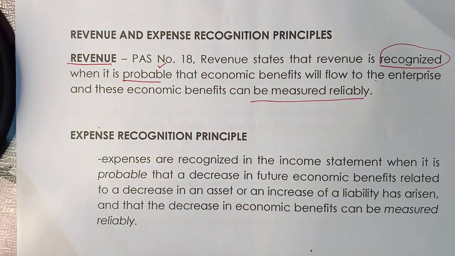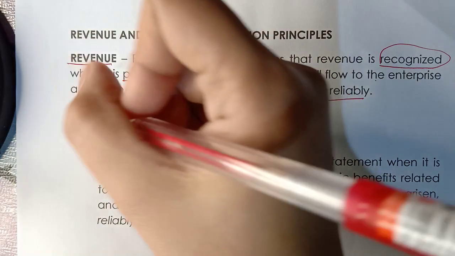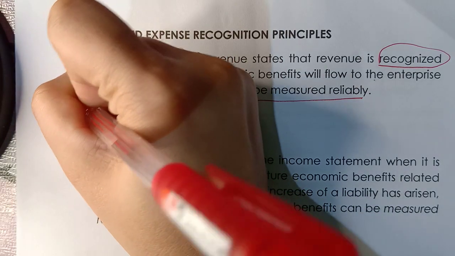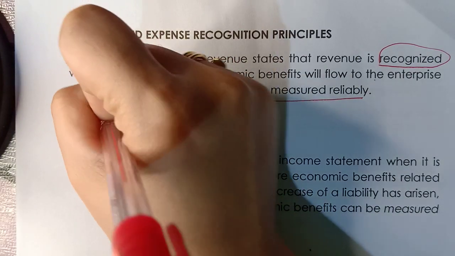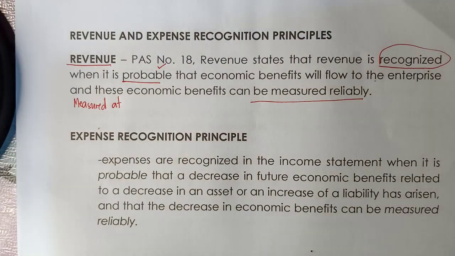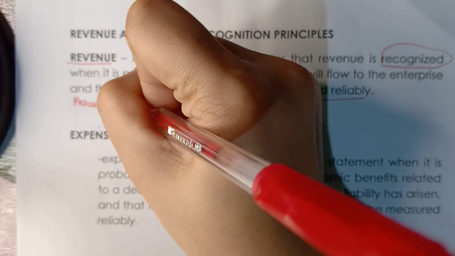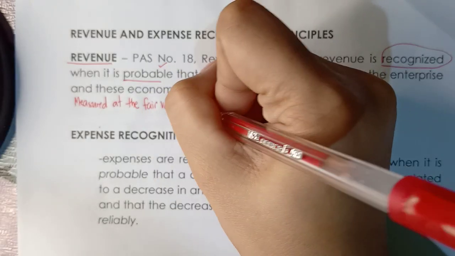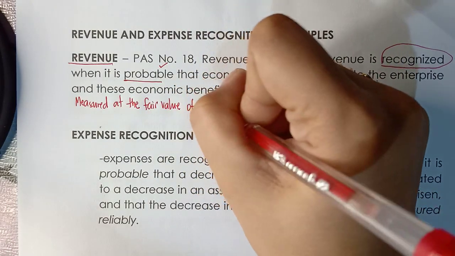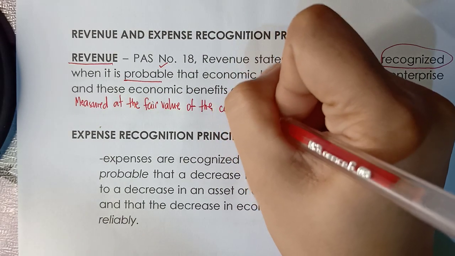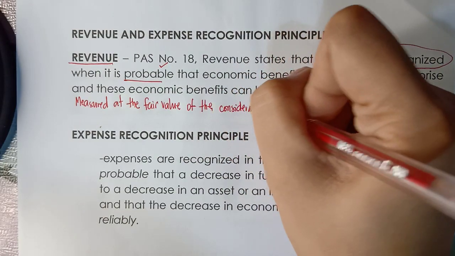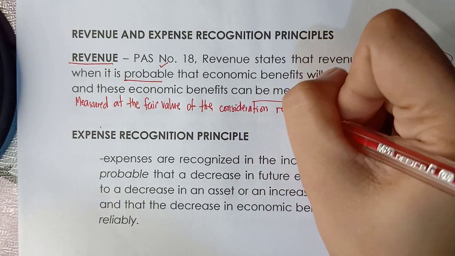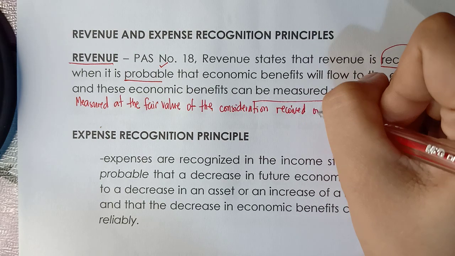Okay, nagets? So it shall be measured at what? At fair market value. So it should be measured at the fair value of the consideration received or receivable.